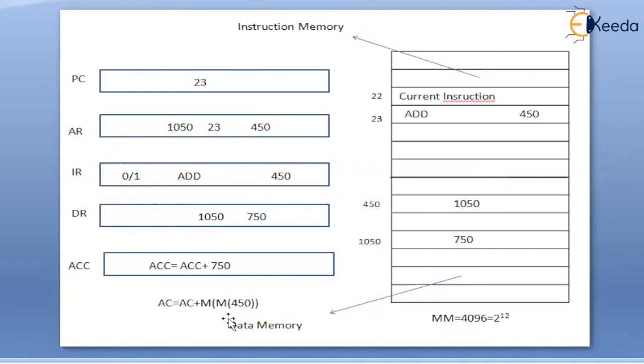That is, M of 450 is 1050. M of 1050 is 750. So accumulator is equal to accumulator plus 750. So this is what it is all about in the indirect addressing mode.